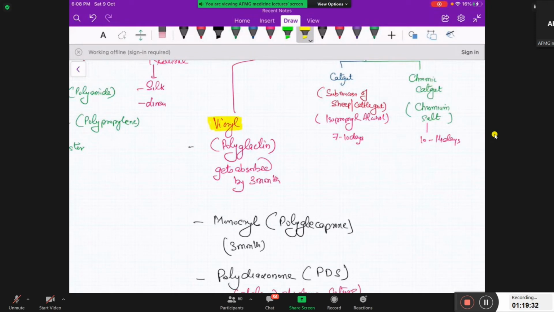Rest all are non-braided monofilament, except for the Vicryl. Vicryl is the only braided suture material we have.